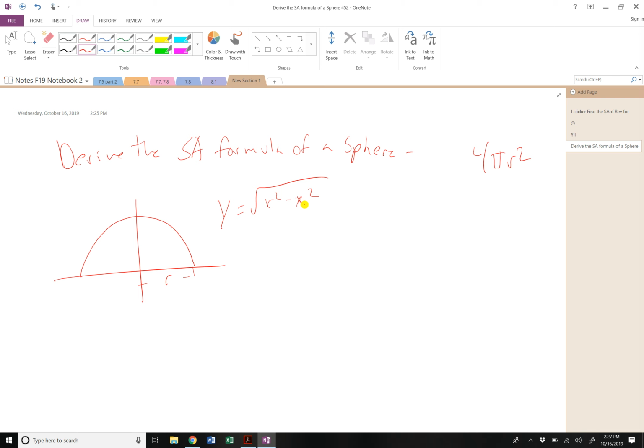This piece is just the upper half. It's really y squared plus x squared equals r squared, and then the square root gives plus or minus y, but we just have that positive.